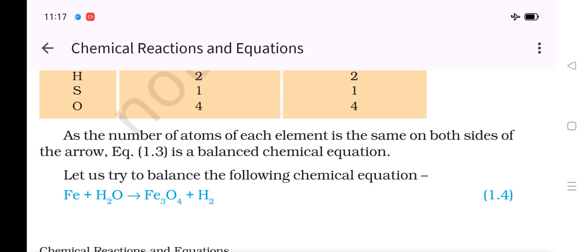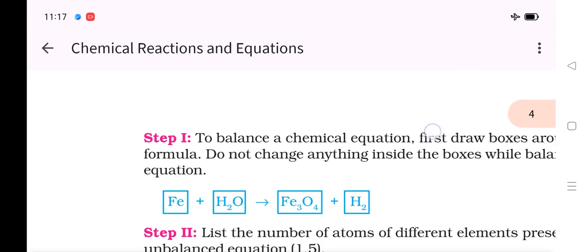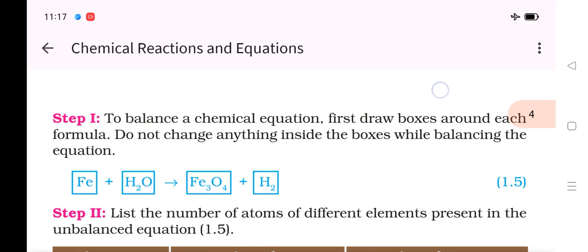Let us try to balance the following chemical equation. Fe plus H2O gives Fe3O4 plus H2, 1.4. Step 1: to balance a chemical equation, first draw boxes around each formula.